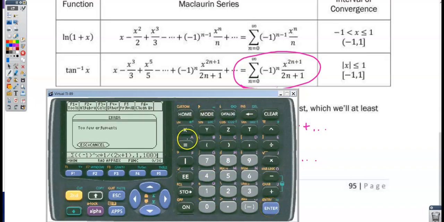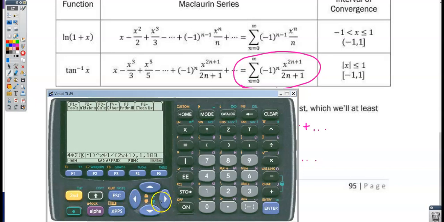Oh, I must have missed a parenthesis somewhere. Oh yeah, I'm missing a parenthesis here. No, wait a second. 4 times sum, there's -1 to the x. We close that off. Did I miss the parenthesis? Where am I missing a parenthesis here? Oh, no, I just forgot my variable. Oops. Sorry about that. And we can sum up the first 100 terms.